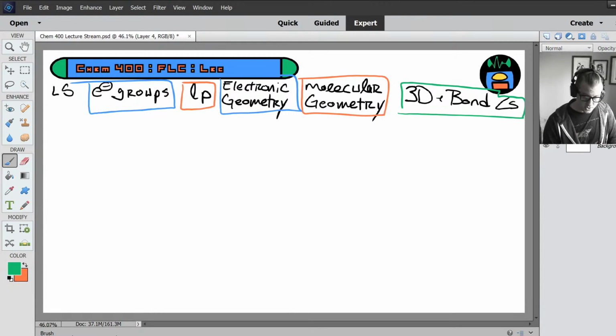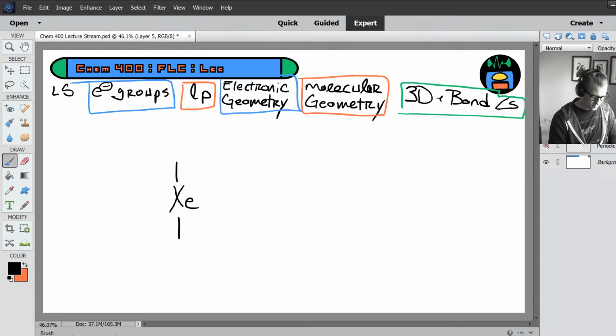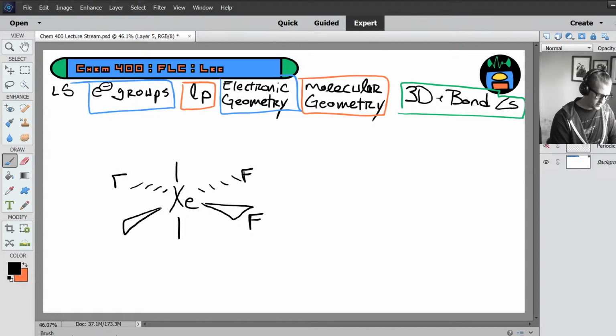Let me show you. So I'm going to draw the alternate depiction of an octahedron. I'm going to put these lone pairs here and here. And just for completeness' sake, I'm going to draw in all of my lone pairs on all of my fluorines.